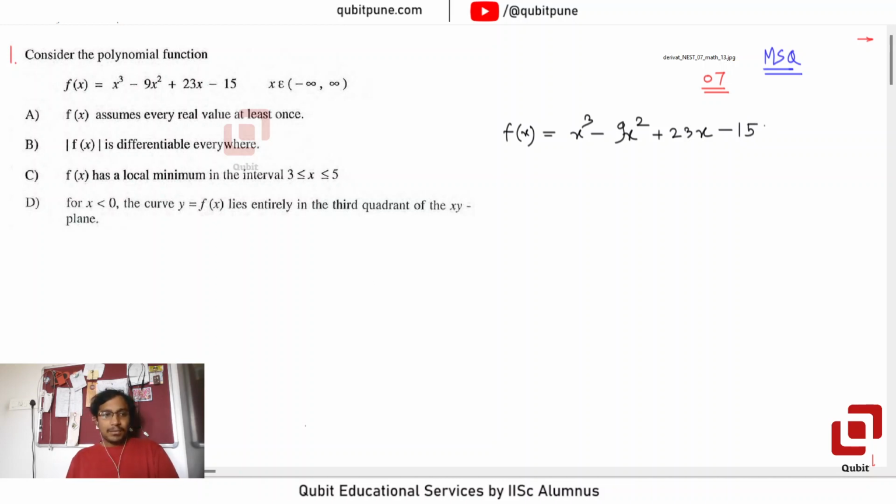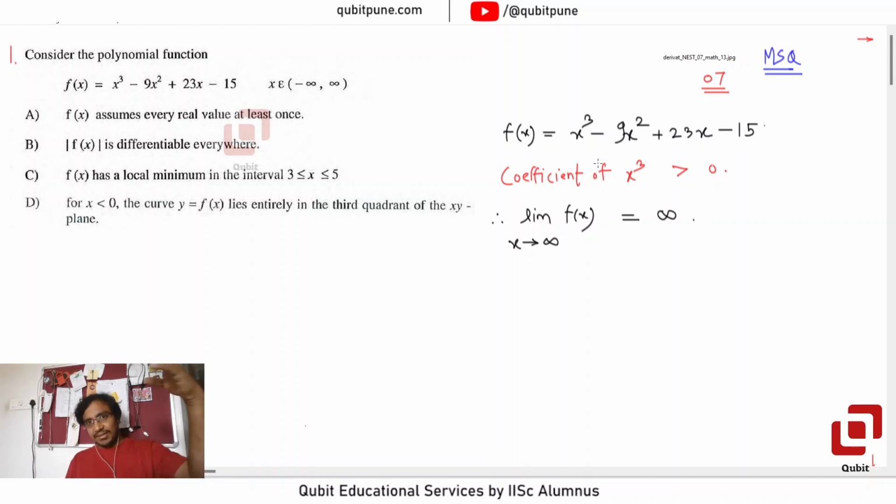First of all, note that the coefficient of x cubed is positive, and therefore I can say that the limit of f of x as x tends to infinity is infinity.